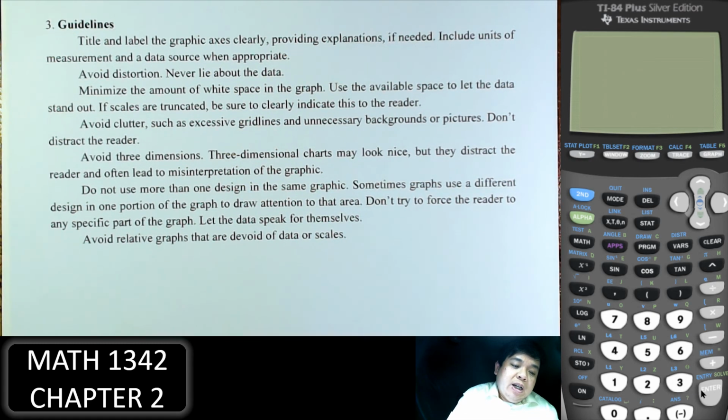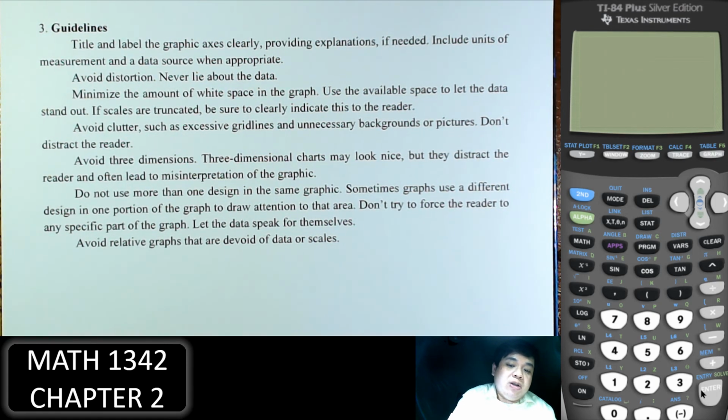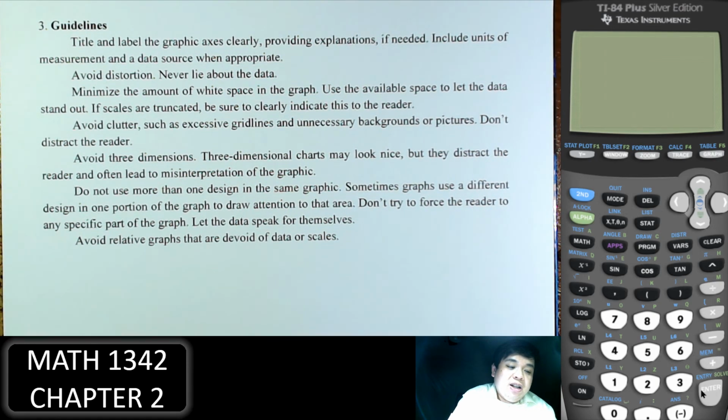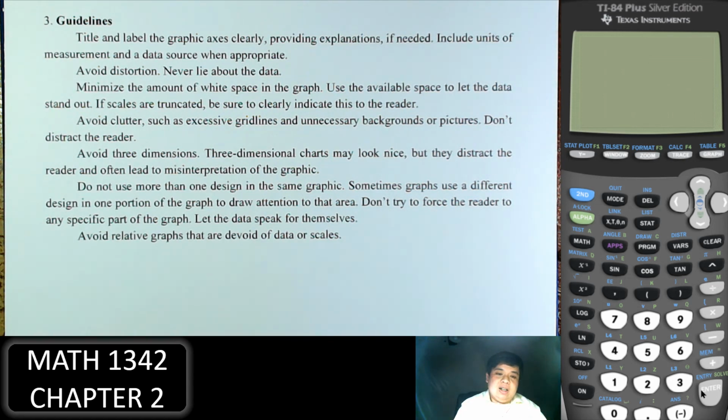Avoid clutter, such as excessive grid lines, unnecessary background or pictures. Don't distract the reader. Avoid 3 dimensions. We talked about that. Do not use more than one design of the same graphic. For the histograms, all of them should have the same design. Some graphs use a different design for one proportion and then another for the others.